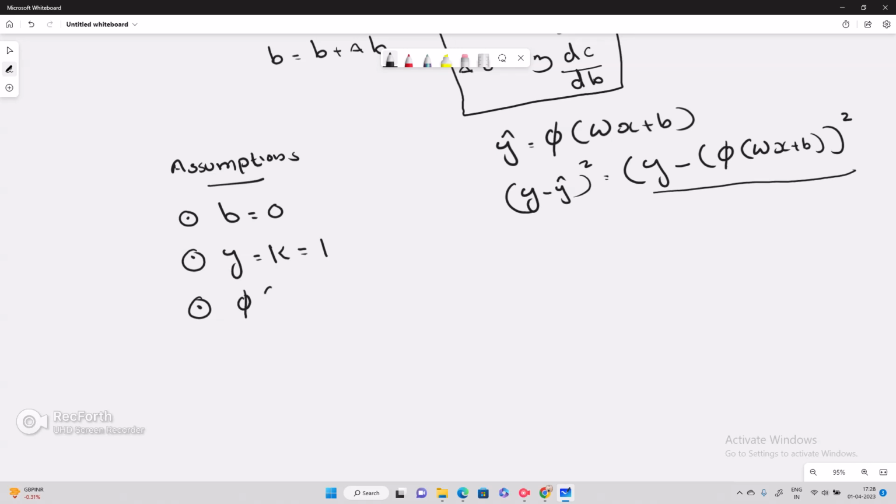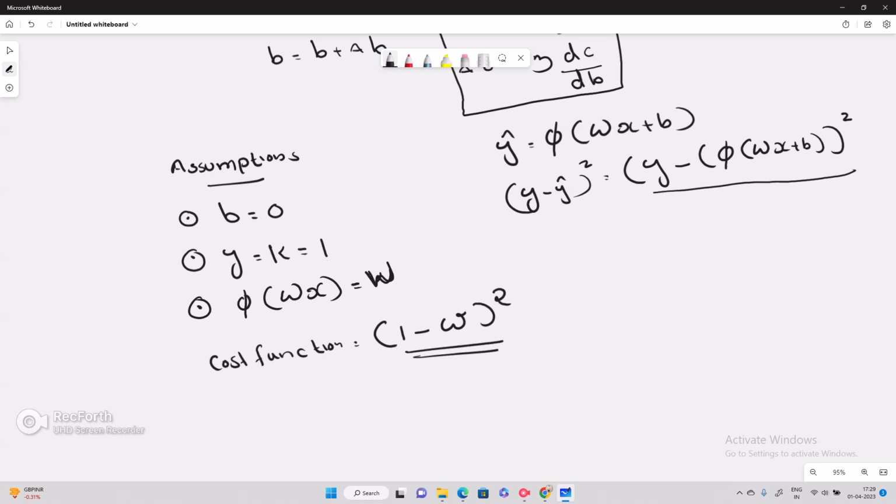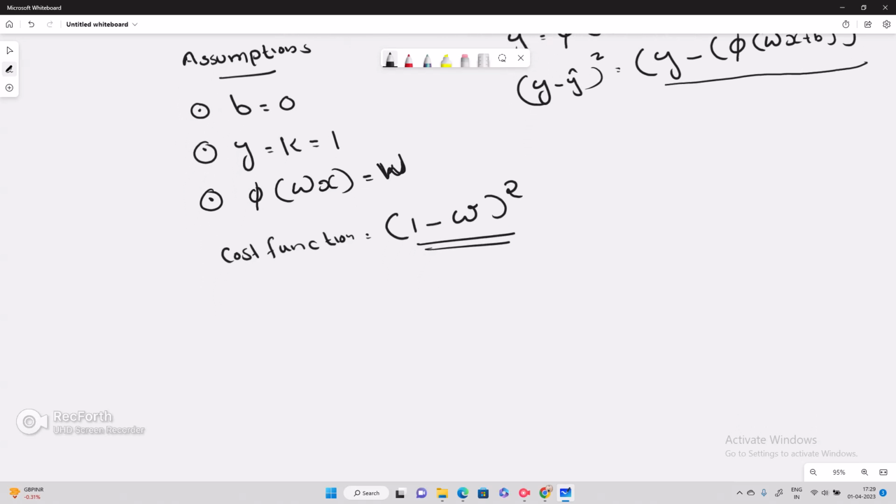The third assumption is that phi of Wx also gives us a float number, so we can represent it as W. So the final error function will be 1 minus W whole squared. This is our cost function.